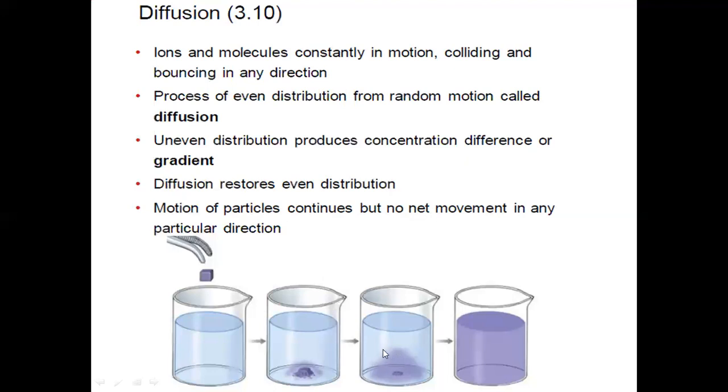Right here is an area of high concentration and an area of low concentration. Those molecules will bounce off one another and force each other away to where there are no particles, a lower concentration, until the molecules are evenly distributed throughout the solution.